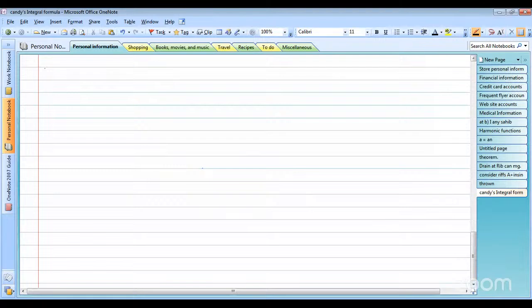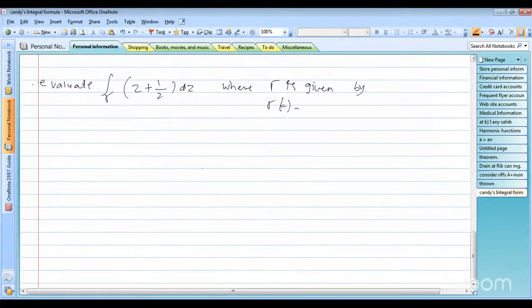See one example here. Evaluate the integration over gamma of (z plus 1 by z) dz, where gamma is given by gamma(t) equal to cos theta plus i sin theta, with 0 less than t less than 2 pi.